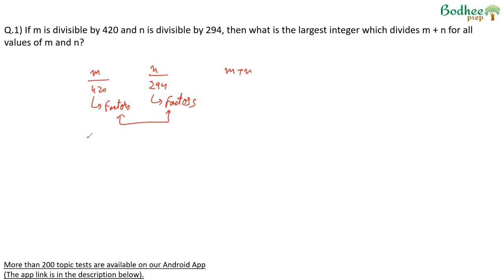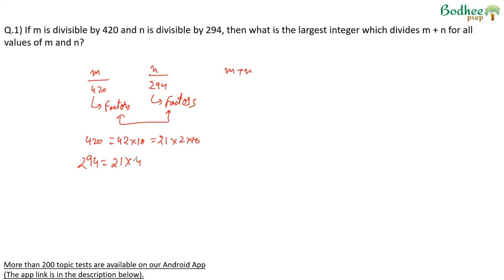If we find the HCF of 420 and 294, 420 is 42 into 10, 21 into 2 into 10. For 294, if we divide by 21, we get 14.